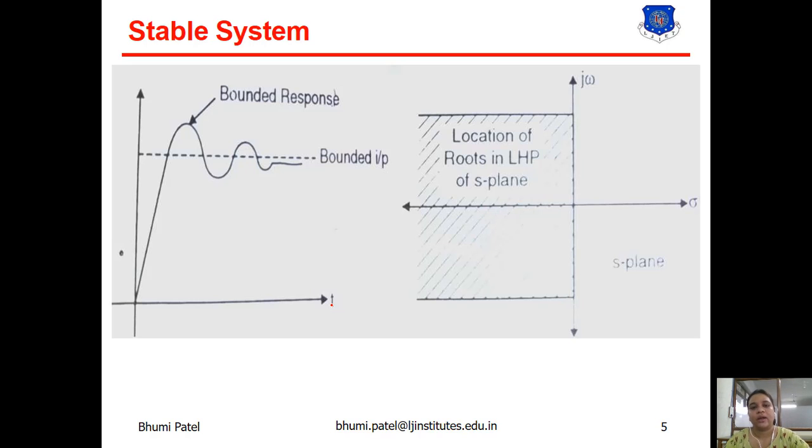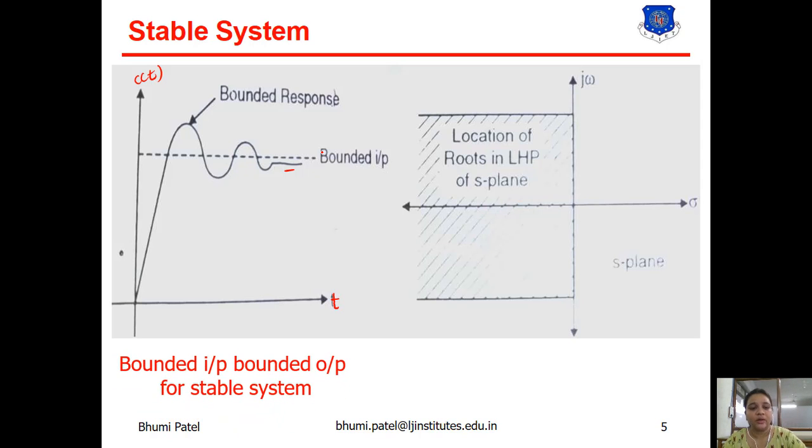Here you can see the graph of time versus output c(t). Here a bounded input is given and we get a bounded response. What is a bounded response? After some time the response or output of the system is steady. This type of system is known as a stable system.